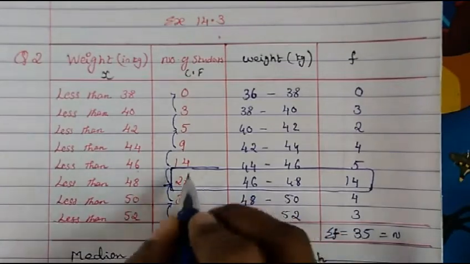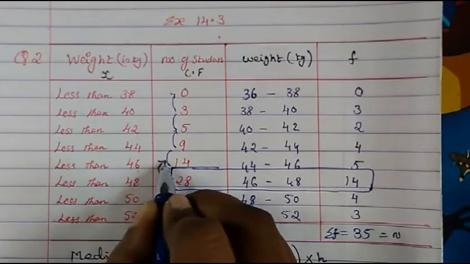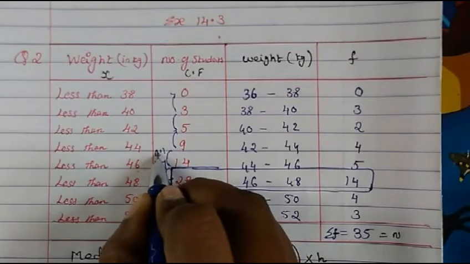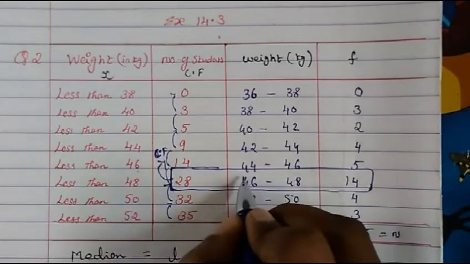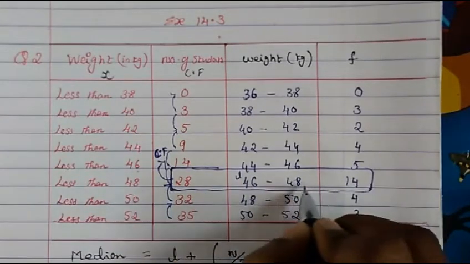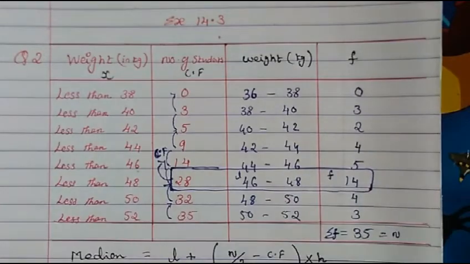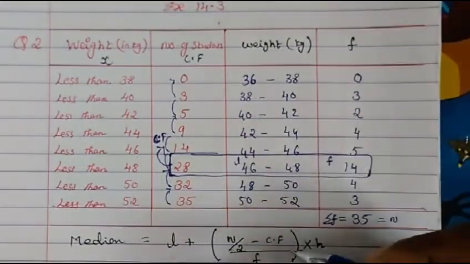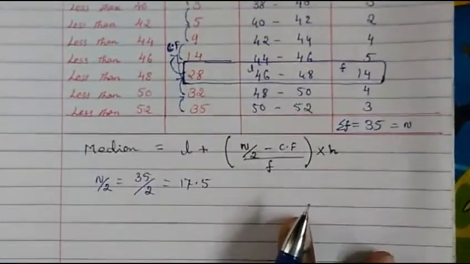Now just above this becomes our CF, and this will become our lower limit, and this will become our frequency. Then class interval we have taken with a difference of 2. So we have all the values now.